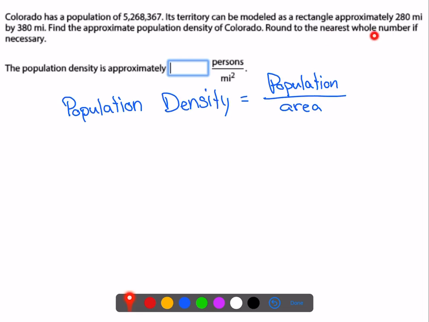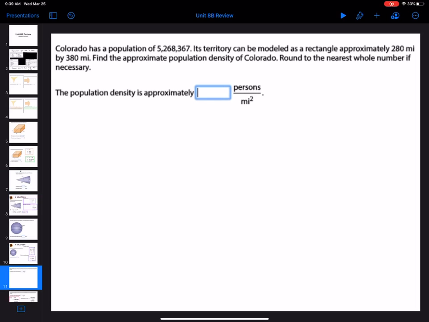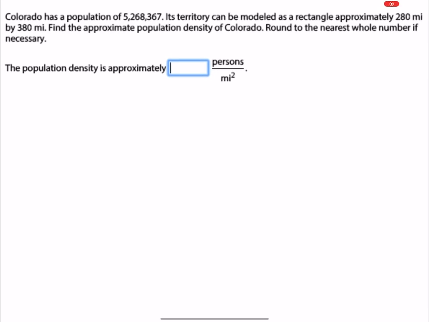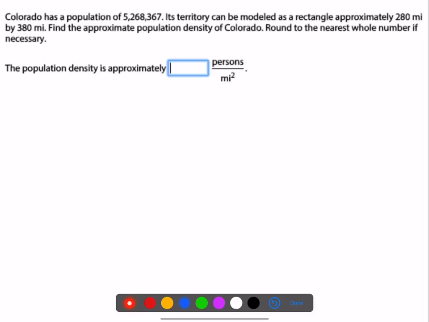Round to the nearest whole number if necessary. So here we are rounding to the nearest whole number for this problem. So let's go ahead and get started on it. So we have density is equal to our population, 5,268,367, divided by our area. Well, our area is 280 by 380.